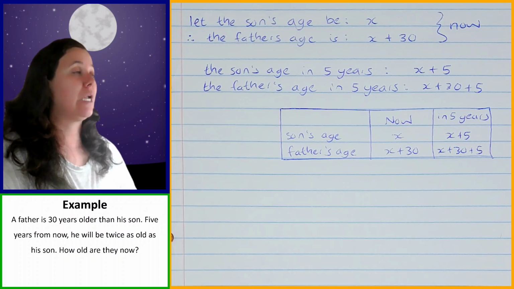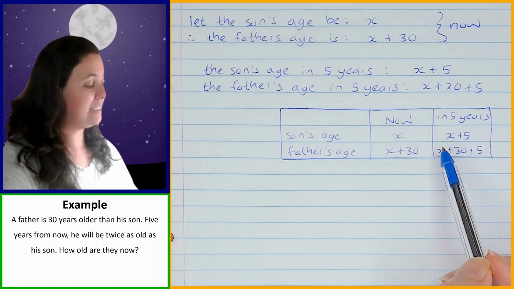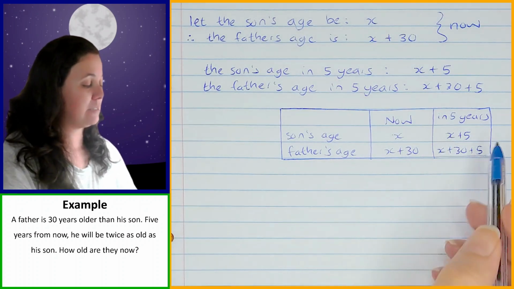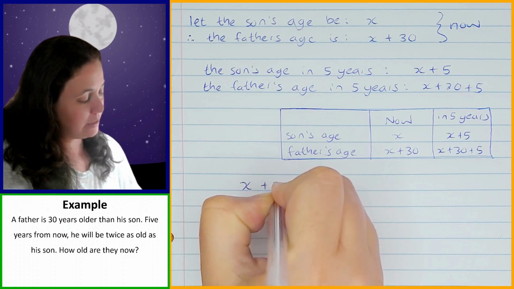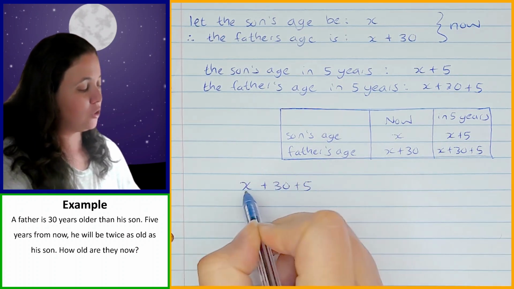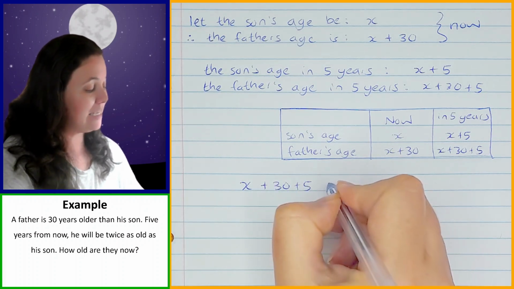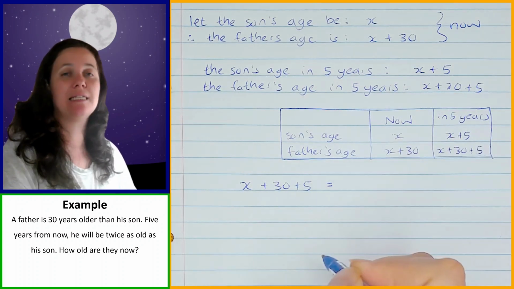So now we need to see what is his age going to be in 5 years' time. His age in 5 years' time, the father's age, is x plus 30 plus 5, or x plus 35. You can simplify that as well. So I've got the father's age is x plus 30 plus 5, and we're told that in 5 years' time, his age will be the same as twice his son's age.